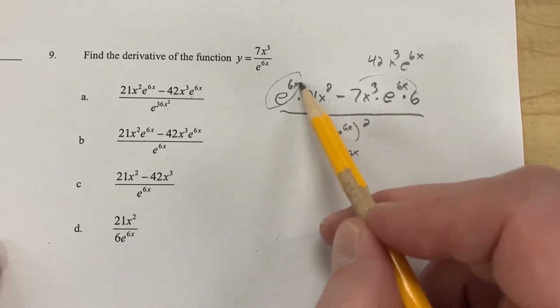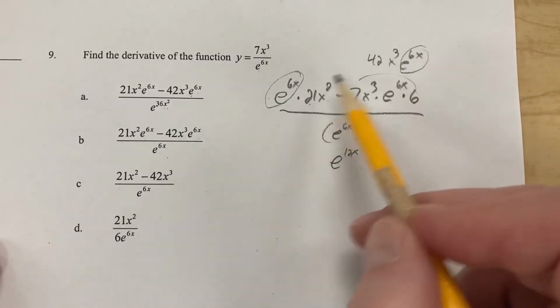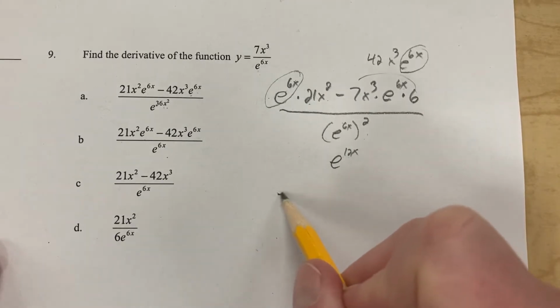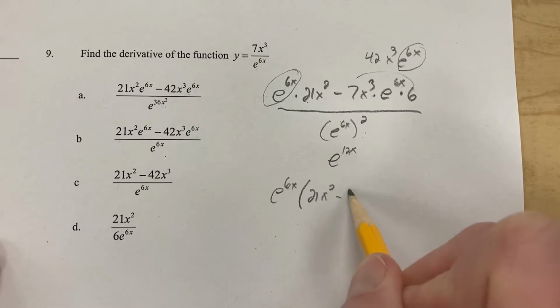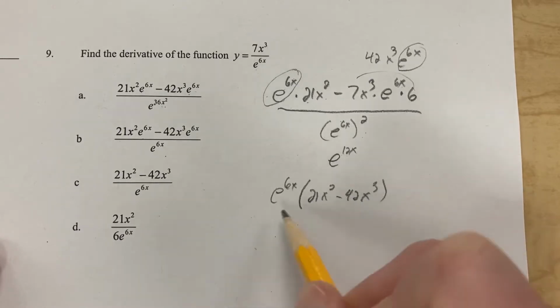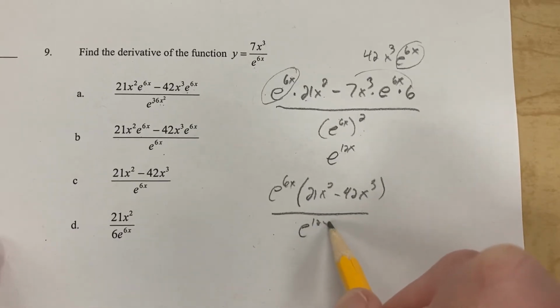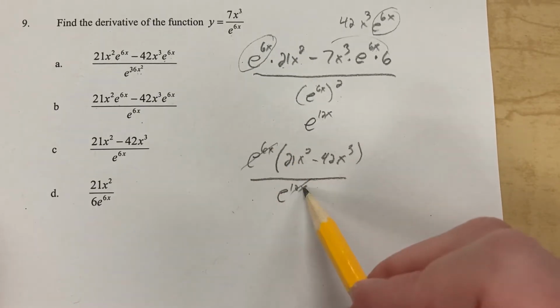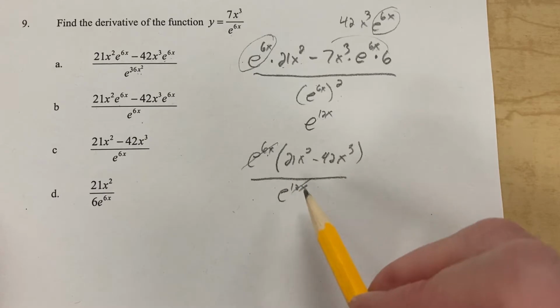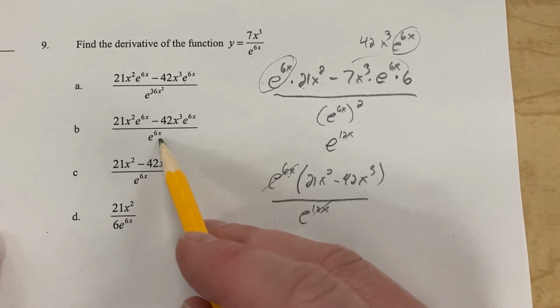What they did was they took this e to the 6x that was in both of these, and they pulled that out. They have e to the 6x times 21x squared minus 42x to the third over e to the 12x. And then if this canceled here, these 12x's subtract 6x would give us 6x left over.